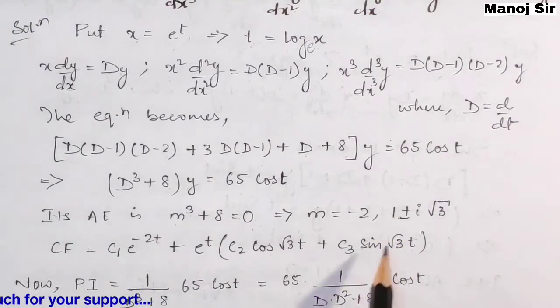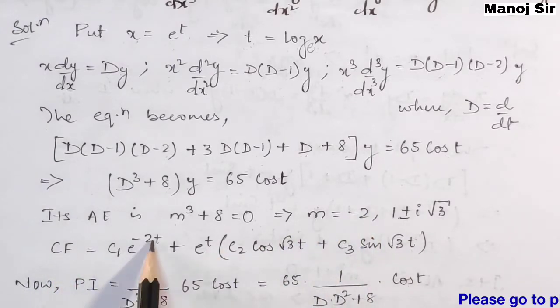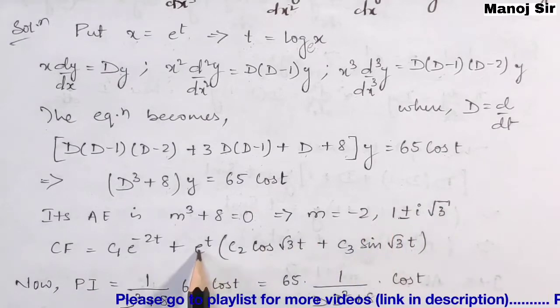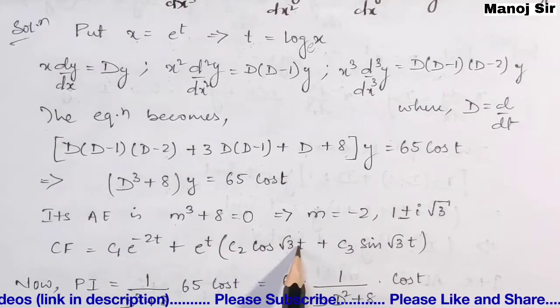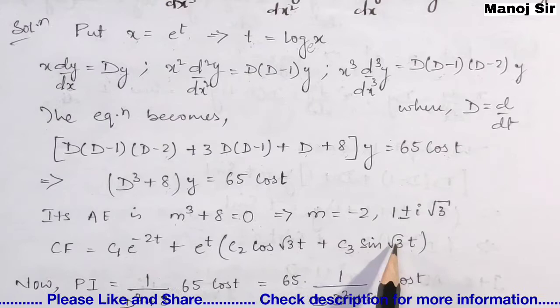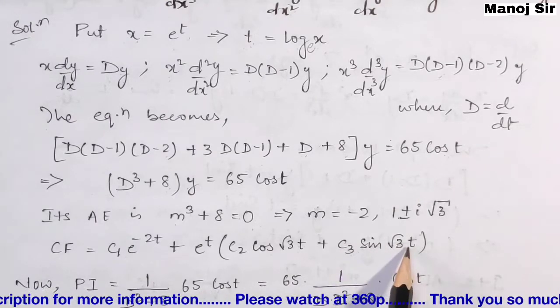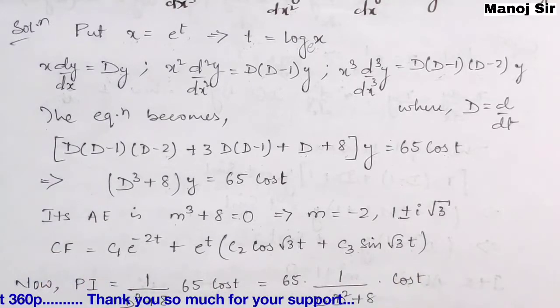So the complementary function becomes c1 e to the power minus 2t, and for these two, alpha equals 1, so e to the power t into c2 cos root 3t plus c3 sin root 3t. Finally, this is the complementary function.